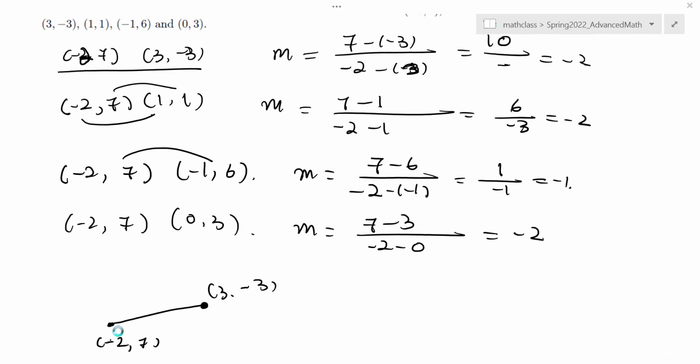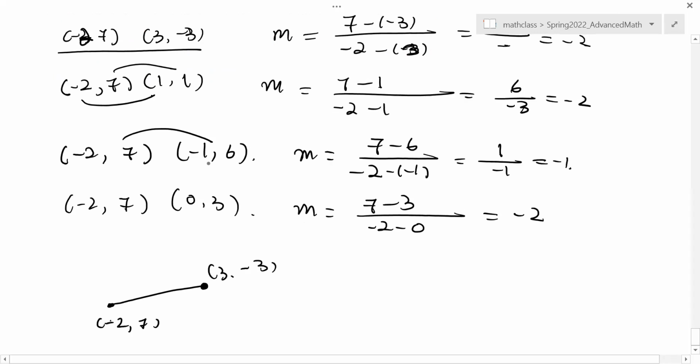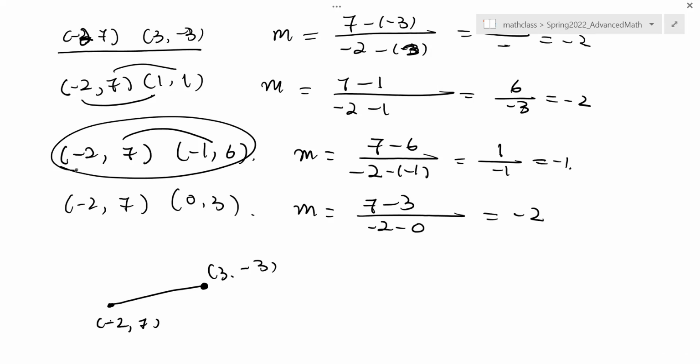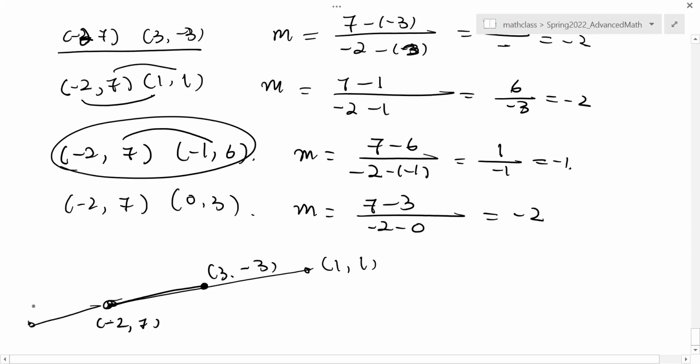Then these pairs of points have the same slope, except for this pair of points. So -1 and 6 is another point, not on the line, because this is a fixed point, and there's the same line. And 1, -1 has the same slope. And then 0 and 3, maybe here. I just sketched it. So this is a fixed point, -2 and 7.